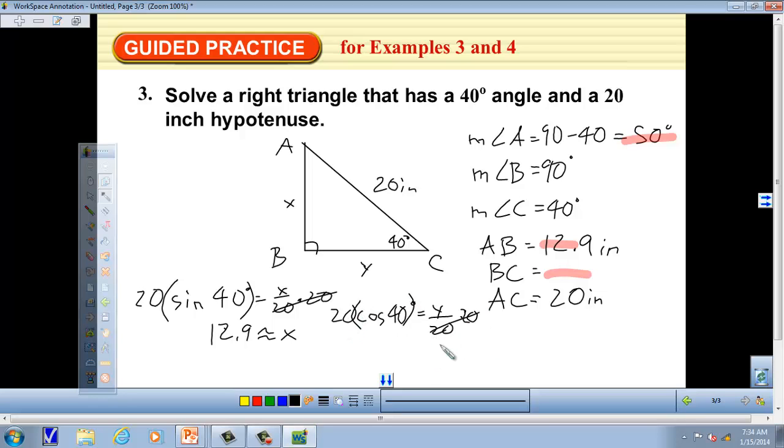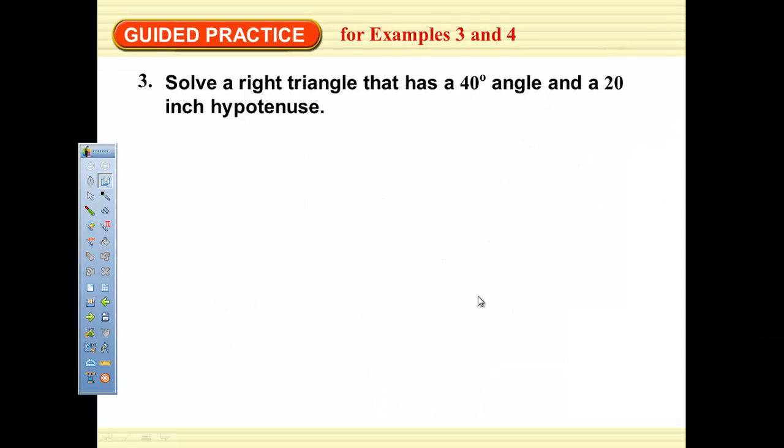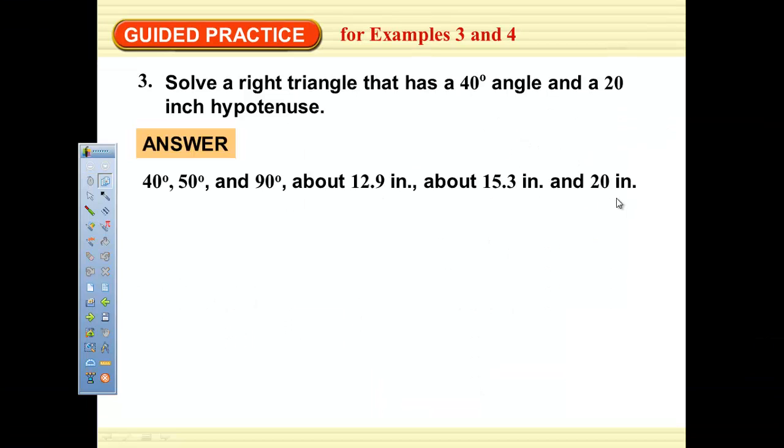The 20s cancel, and we get y is approximately 15.3. So we have 15.3 inches here. So we have all of our things that we needed, the 50 degrees, the 12.9, the 15.3. There we go. We're set.